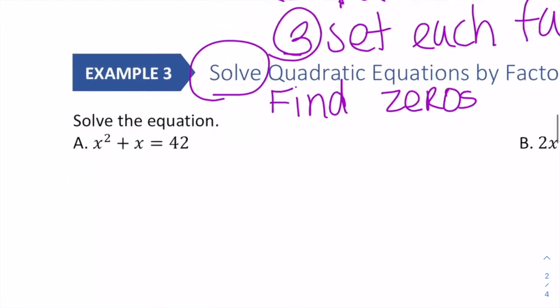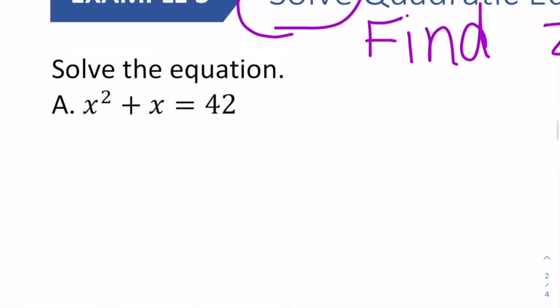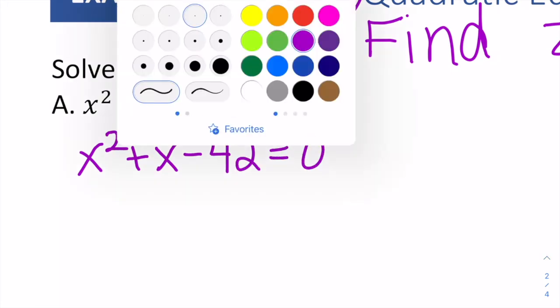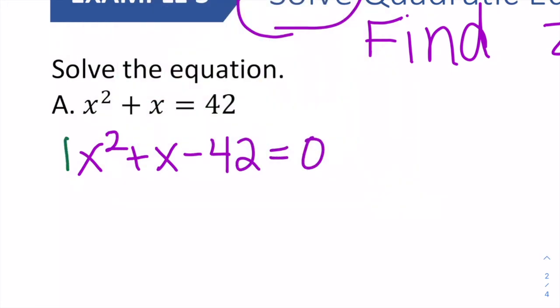Okay, so let's look at the first one. You can see it's equal to 42. So to make it equal to 0, we're going to have to subtract 42. Now, if we're looking at 42, and this has a coefficient of 1, we know we want two numbers that add to make 1 and multiply to make negative 42.